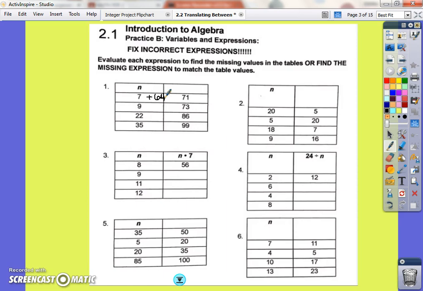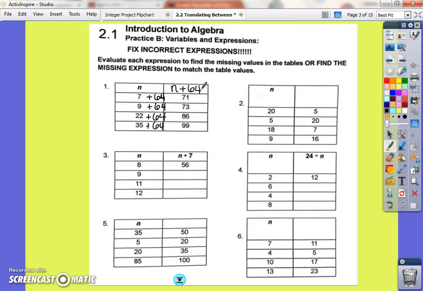Now let's see if that works for 9. 9 plus 64, I do indeed get 73. 22 plus 64, I get 86. And 35 plus 64, I get 99. That means that my expression for this is going to be n plus 64.